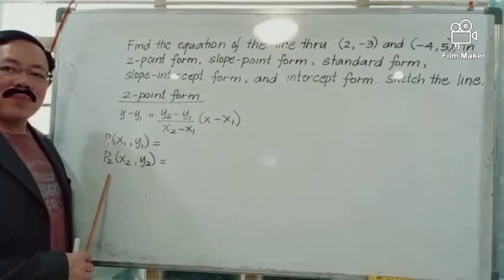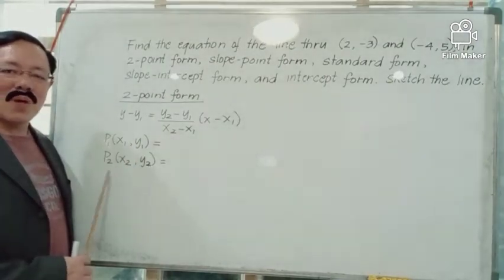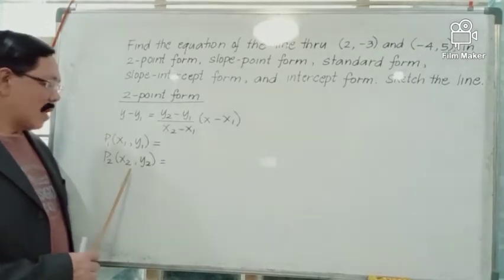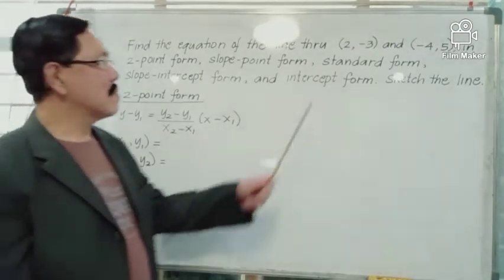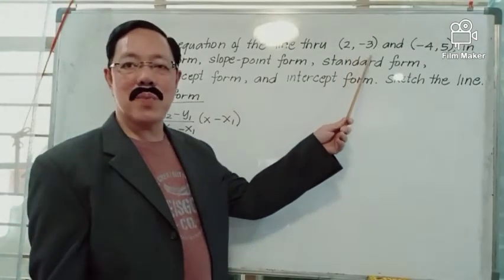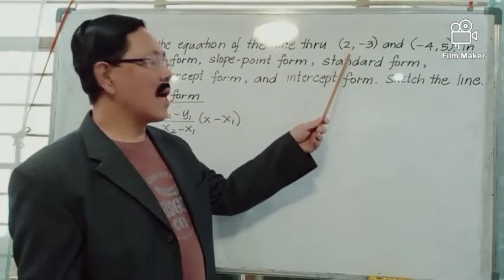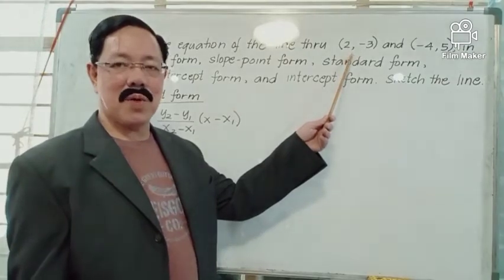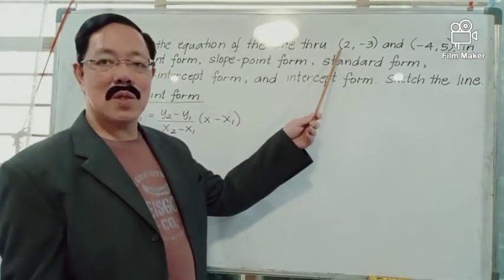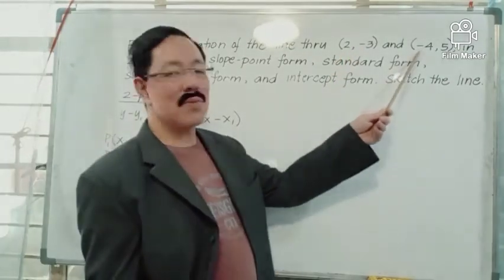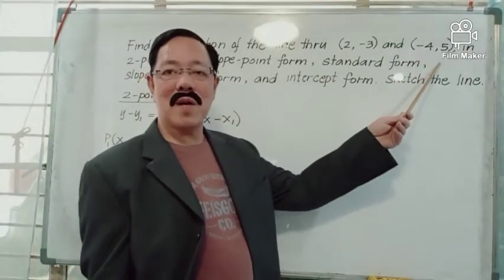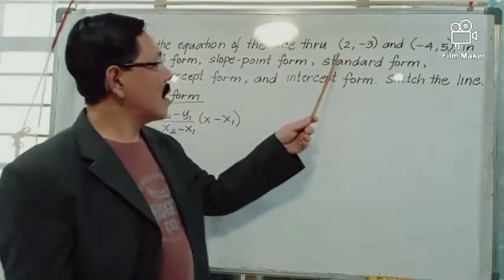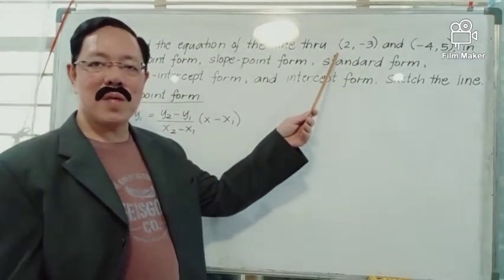The second point denoted by P sub 2 has coordinates x2, y2. In the given 2 points, you may take any of the 2 points as the first point. If you take this as your point P1, then this will be your point P2. Or you may take (-4, 5) as the point P1, and this will be your point P2.